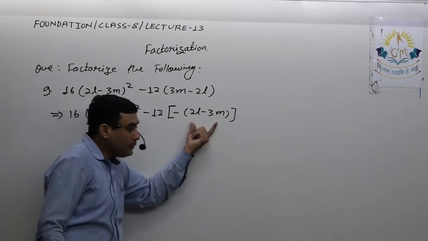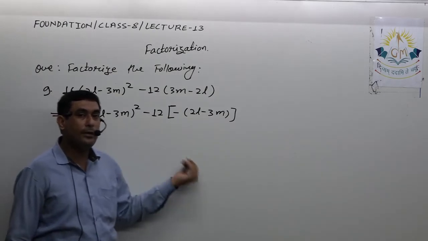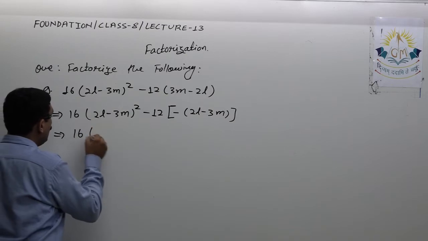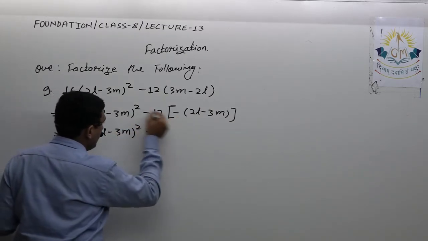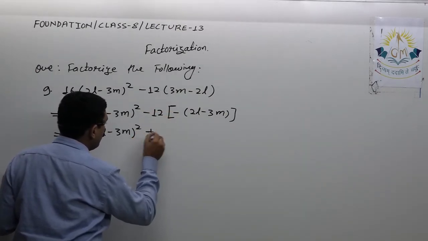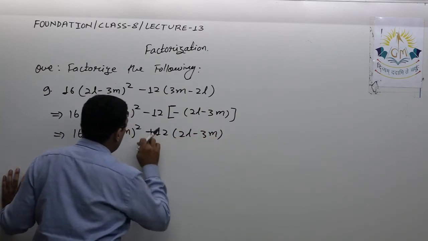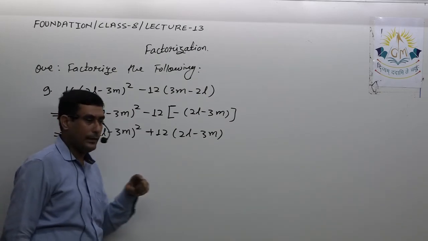So that this 2l minus 3m and this 2l minus 3m will be similar, and then it will be easy to take common. So here 16 (2l minus 3m) whole square. Now this minus and this minus will become plus 12 (2l minus 3m). Okay, now 2l minus 3m can be taken common directly.